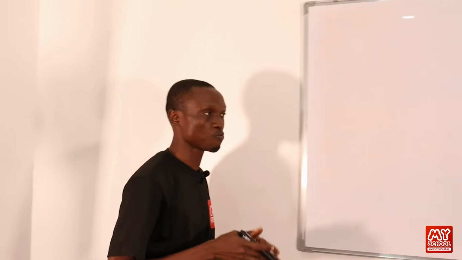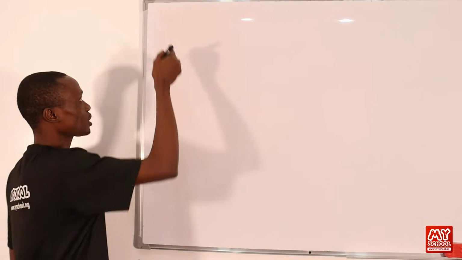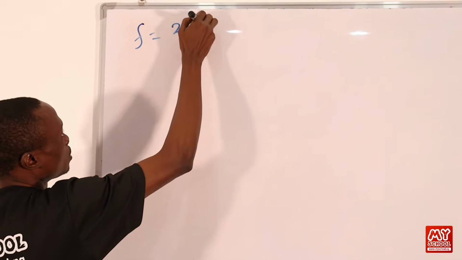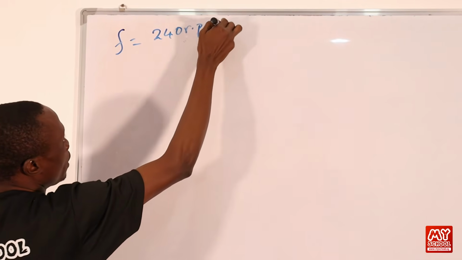As usual, first thing first is to write out the parameters that are given to us in the question. So our frequency is 240 RPM, right?